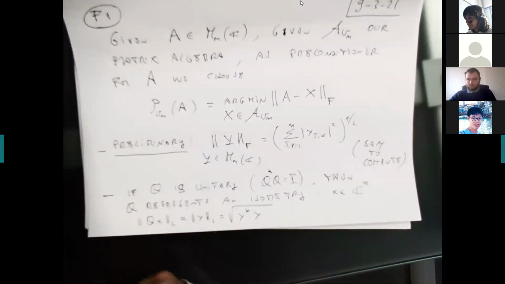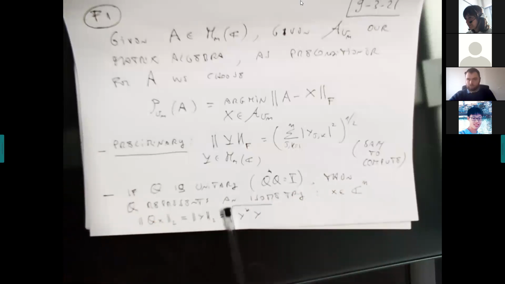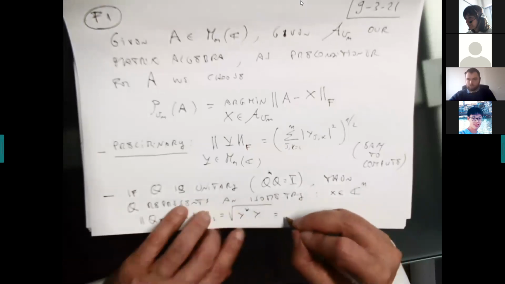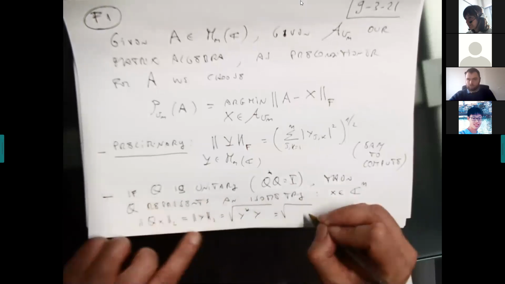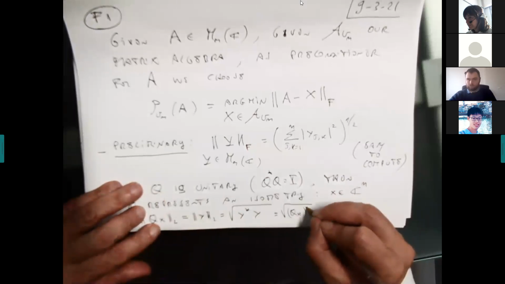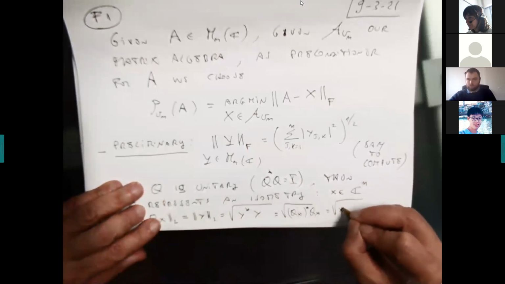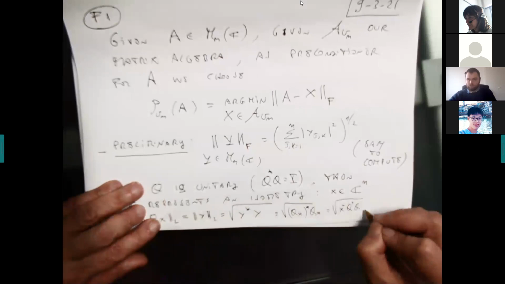So you take the vector, you put it horizontal, multiply, make the scalar product, and take the square root. But since y is Qx, this is equal to (Qx) star Qx, so it is equal to x star Q star Qx.